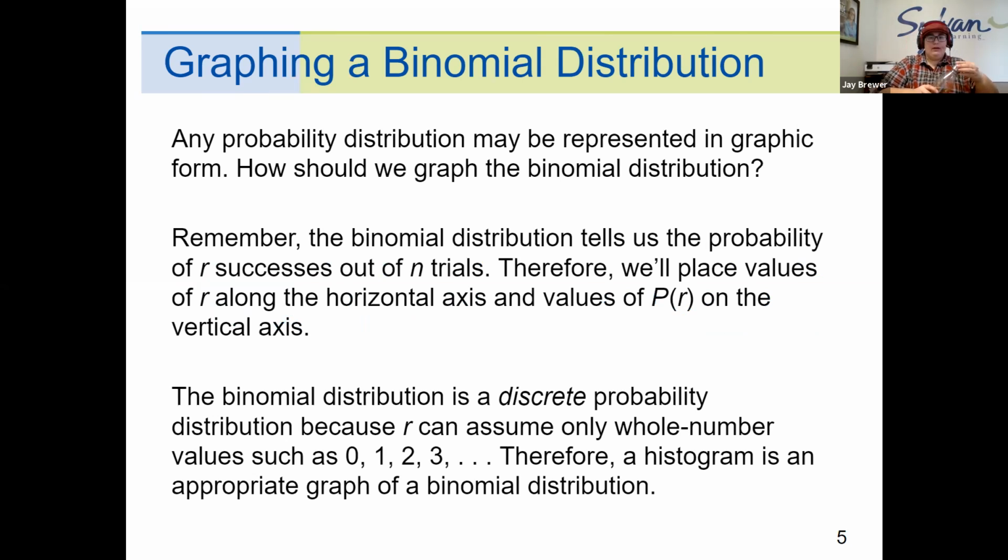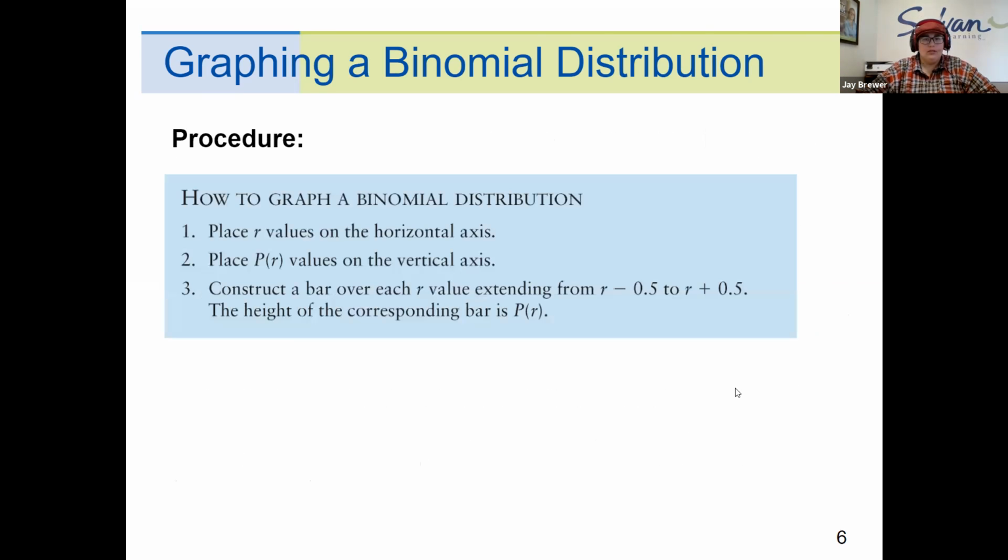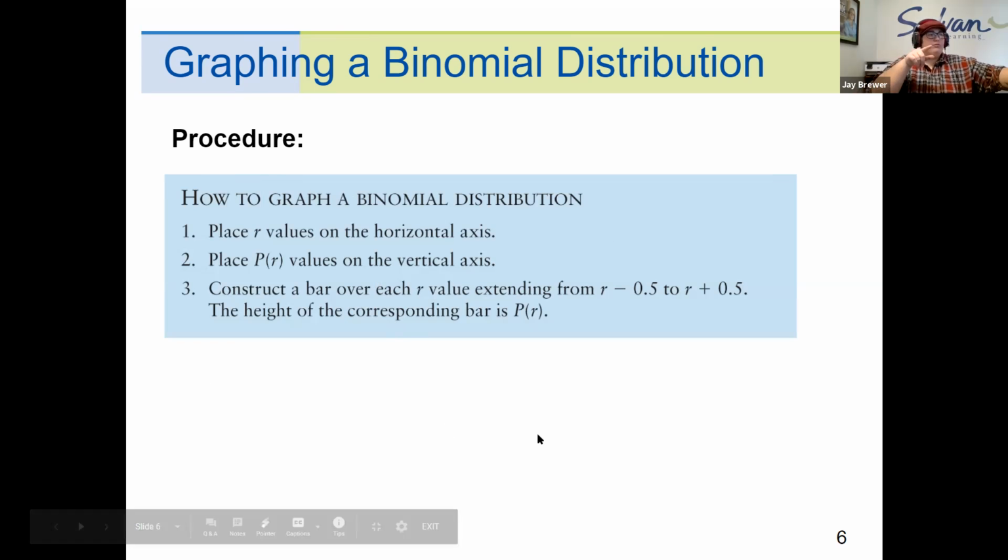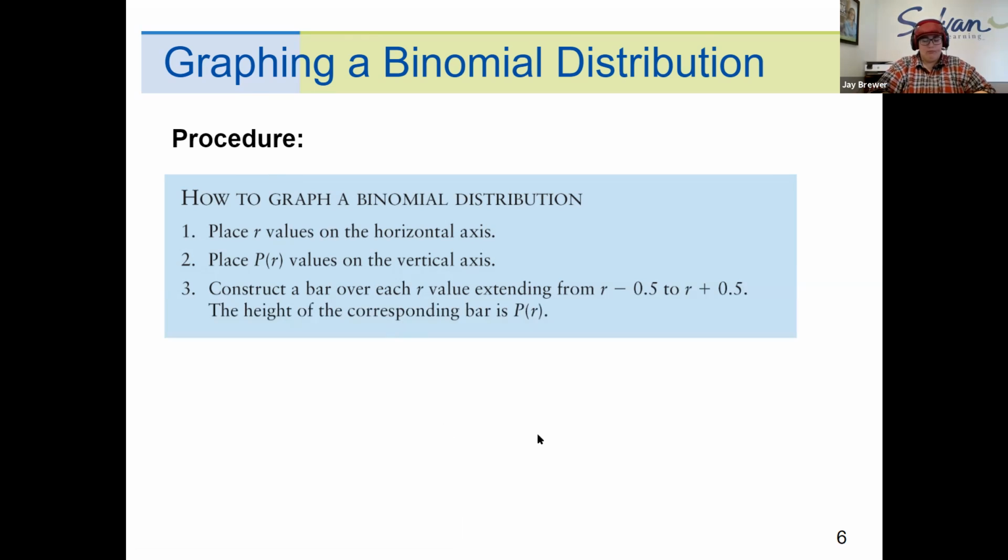Okay, so remember the binomial distribution tells us the probability of R successes out of n trials. Therefore, if you place values of R along the horizontal axis and values of P of R along the vertical, you will have something that looks kind of like this. Here's your procedure, which if you write down notes, you probably want to write down.